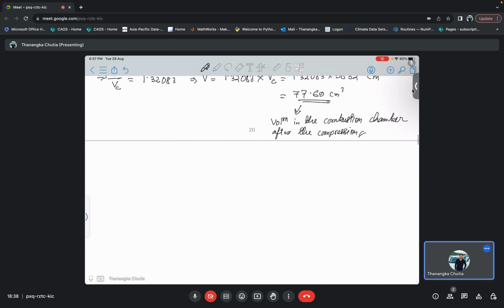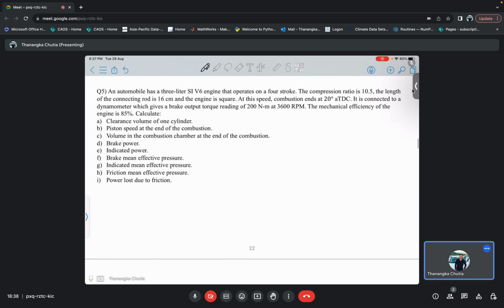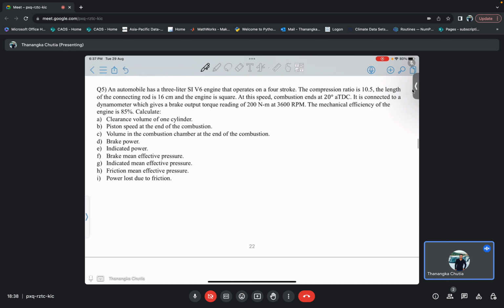Okay, so let us go to the next question then. An automobile engine has a 3-liter SI V6 engine that operates on a 4-stroke. Compression ratio is 10.5. Length of the connecting rod is 16 cm and the engine is squared, just like the previous question. At this speed, combustion ends at 20 degree after the TDC.